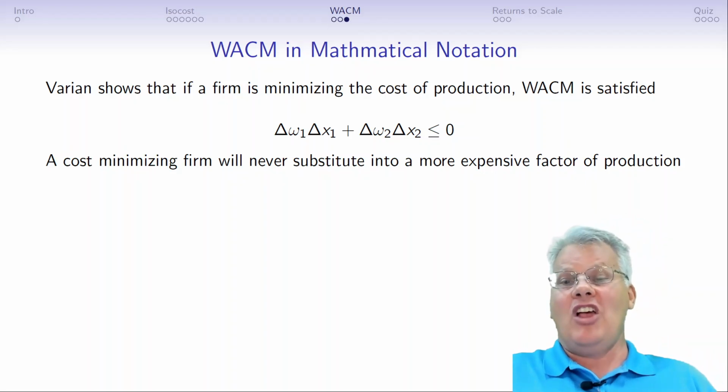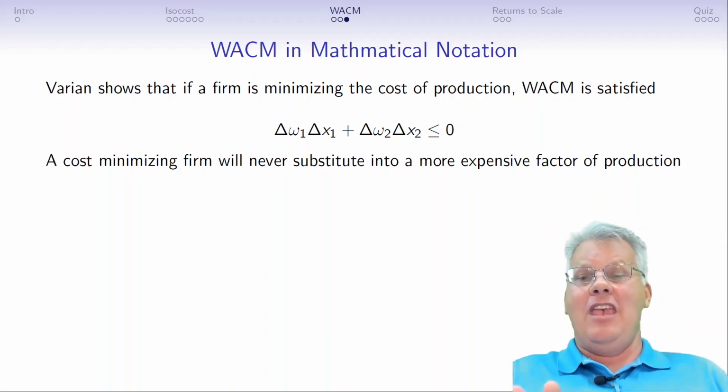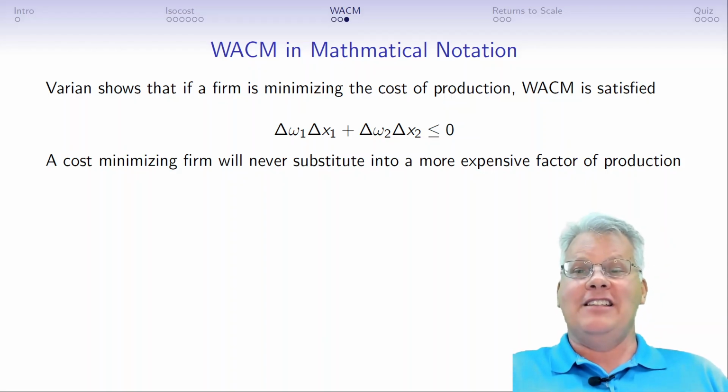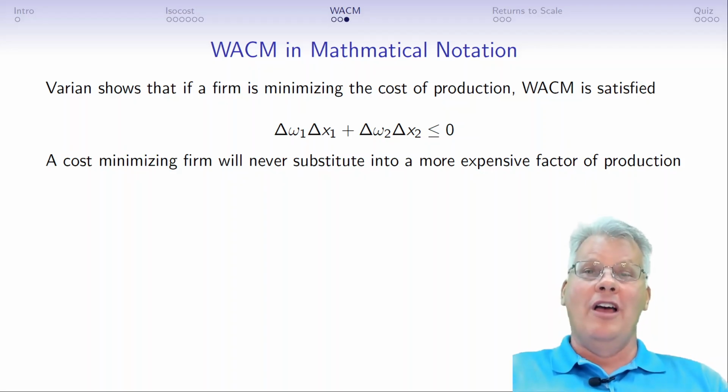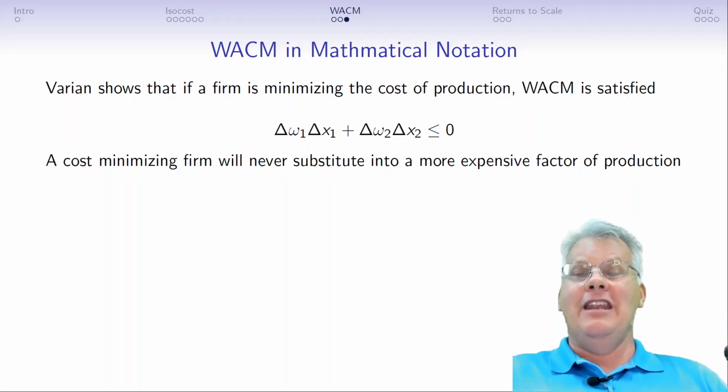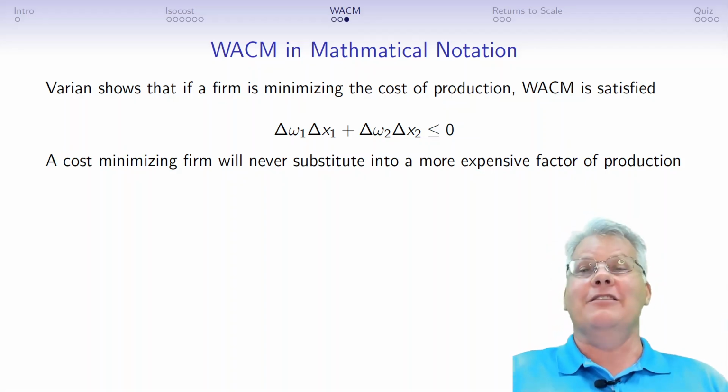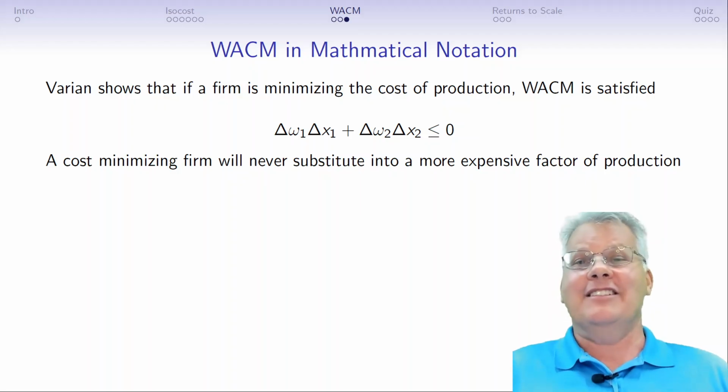What WACM is telling us is that a well-run cost-minimizing firm will never choose to use more of factor 1 now that it has become more expensive. And that's just common sense, right?